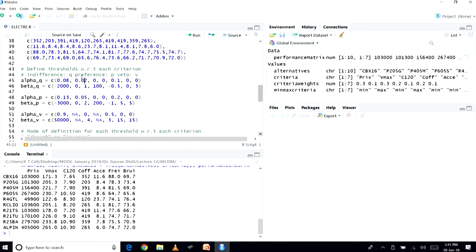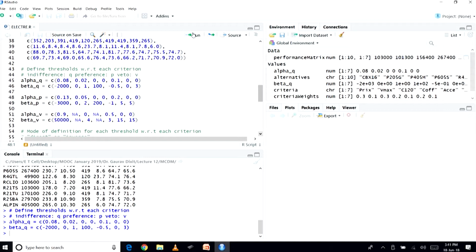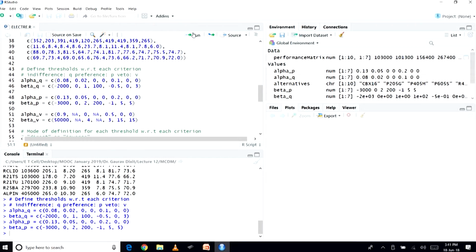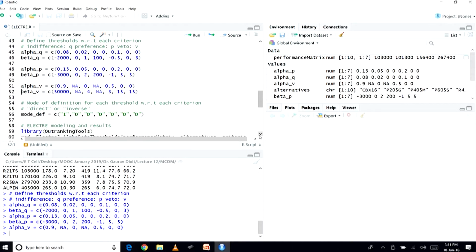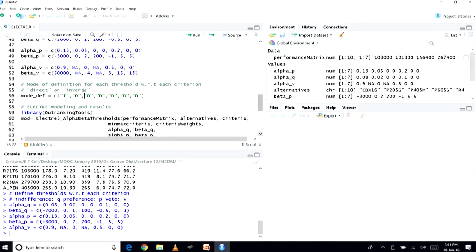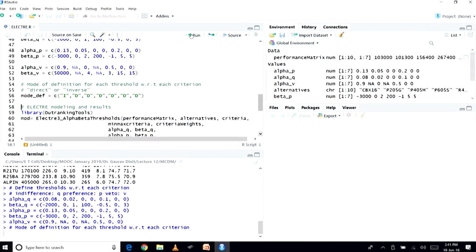Then these thresholds: indifference, preference and veto thresholds. Let us compute them one by one. Once this is done, we also need to specify the mode of difference. Let us run this.